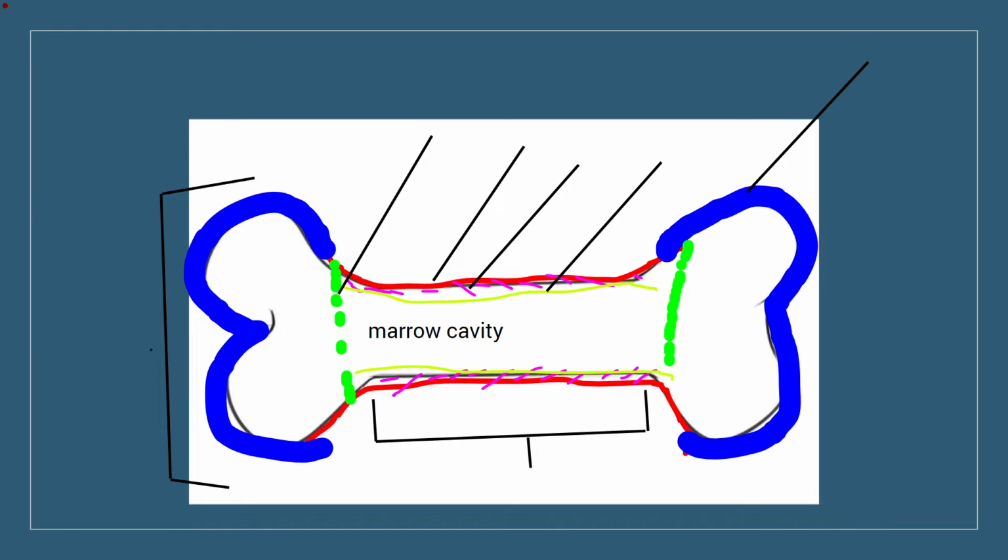These are epiphyseal ends. Diaphysis. Epiphysis.